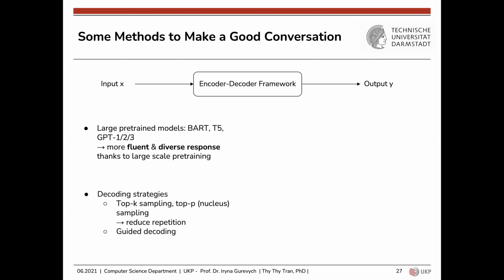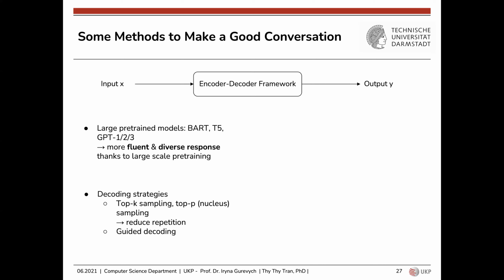Decoding strategies can also help to modify the generated sequence. Top-P and top-K are proposed to generate better than greedy and beam search. However, in practice, repeated words are still present using these two sampling methods. We also cannot control the generation towards a target attribute using only top-P or top-K.